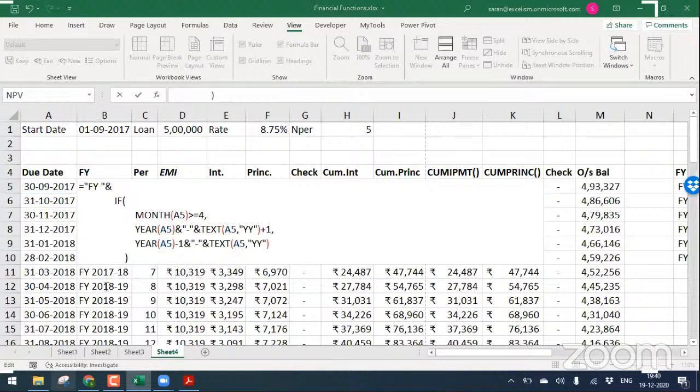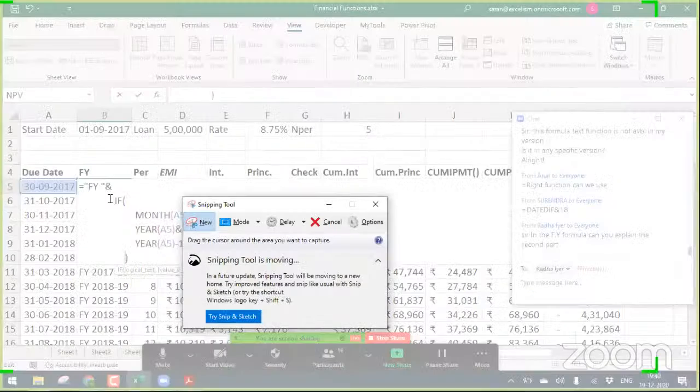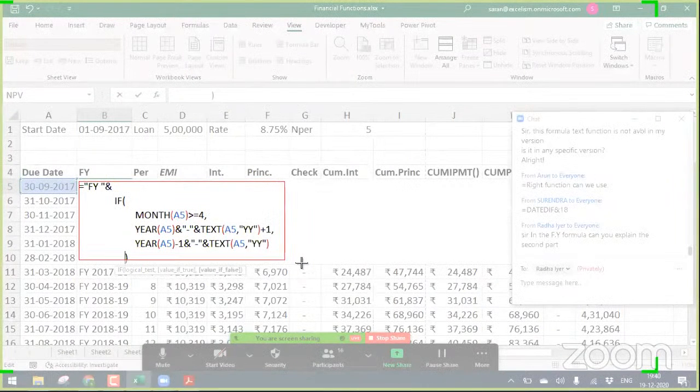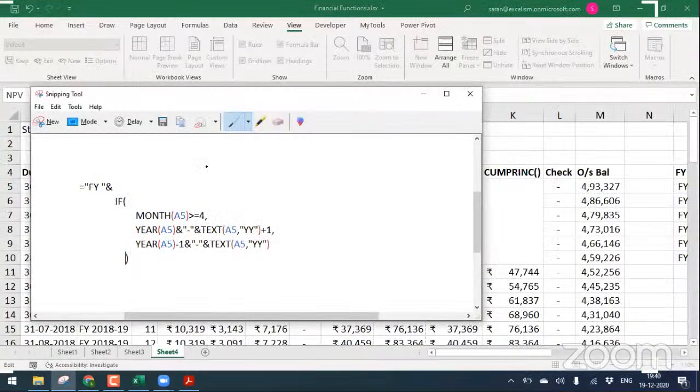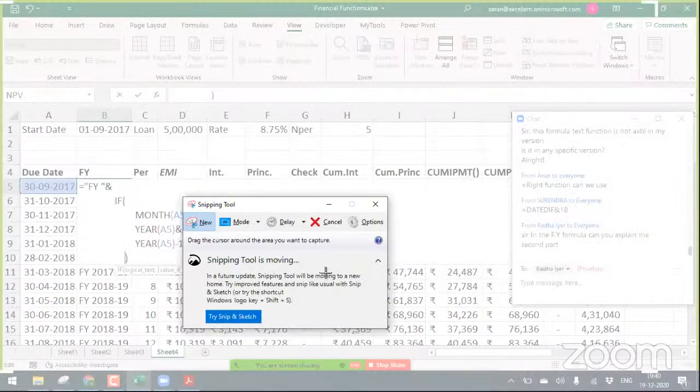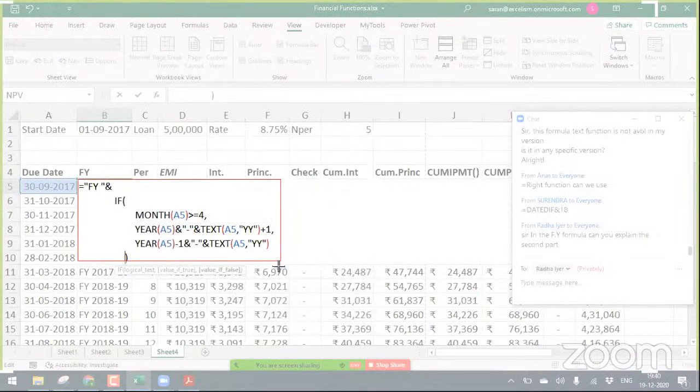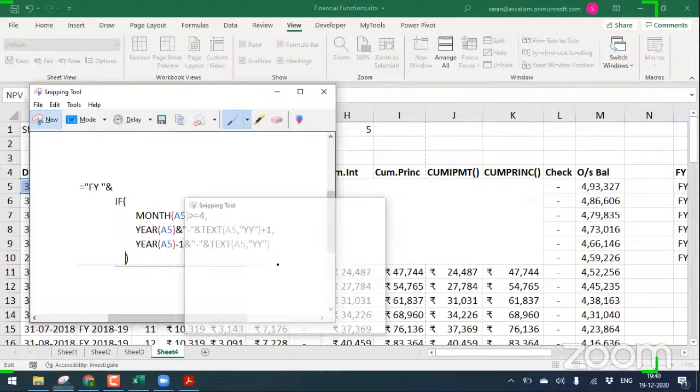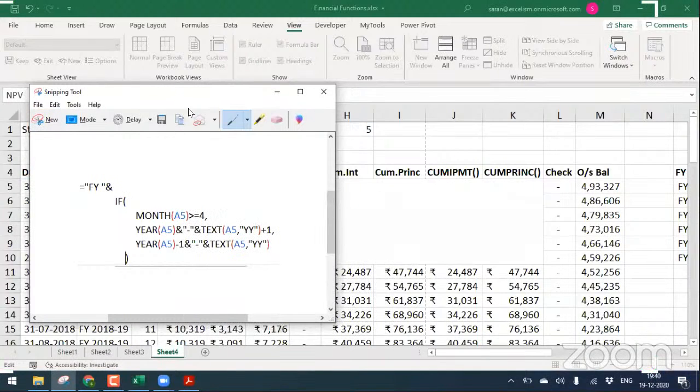So let me make this with a proper screenshot, so that I can write something if I want. It's just the way of presentation, right? I think now you can understand better.